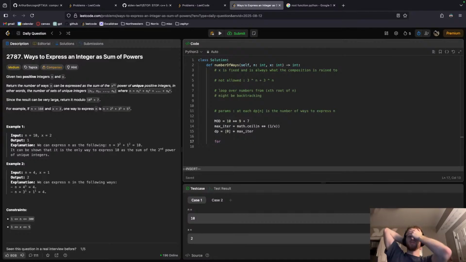Okay, so we loop. Loop up to our max iteration.